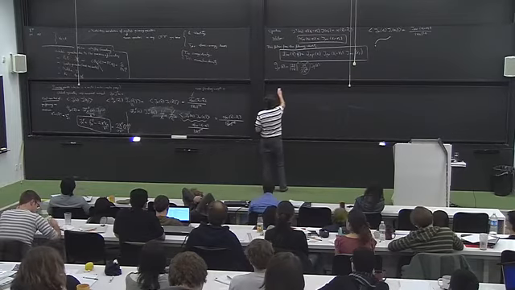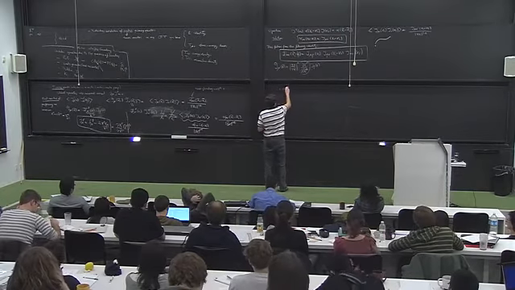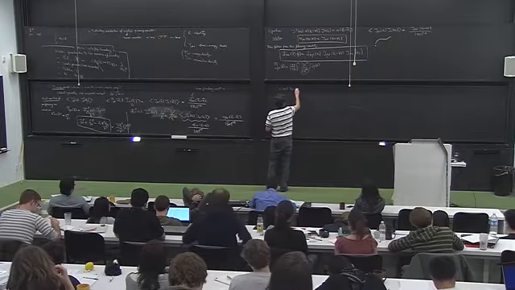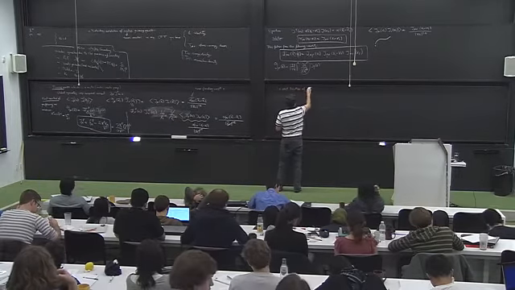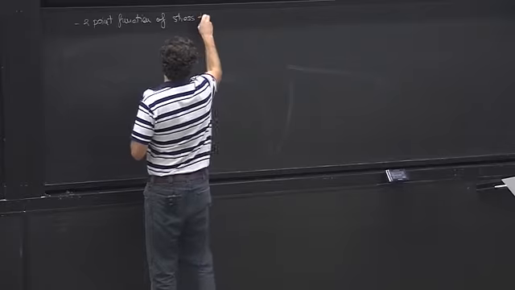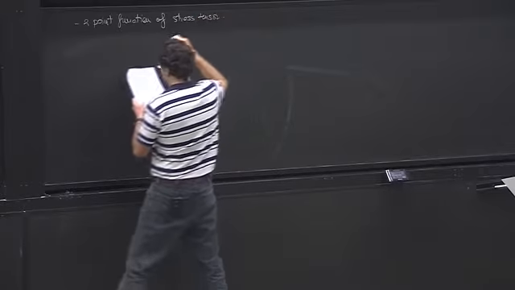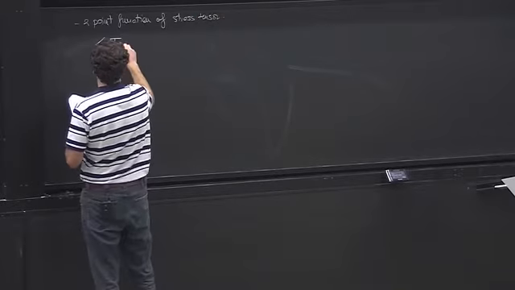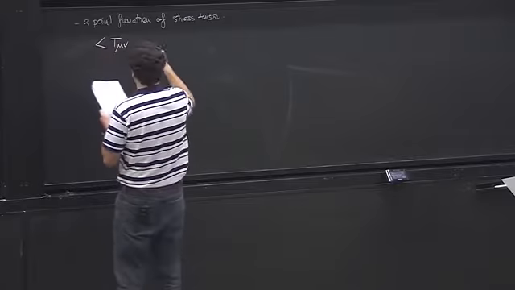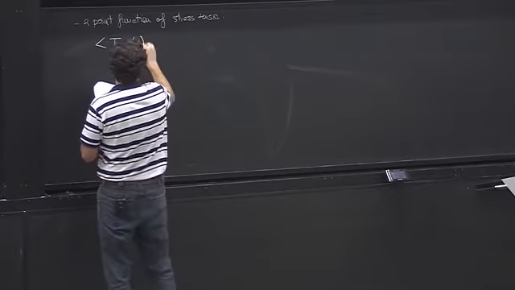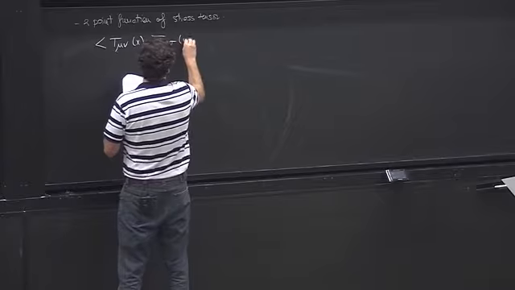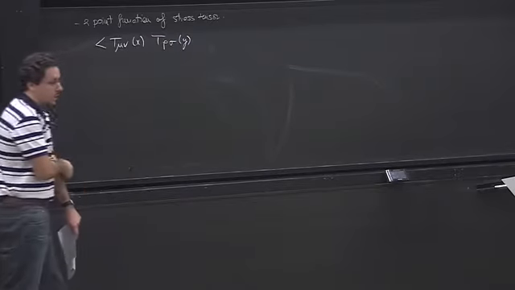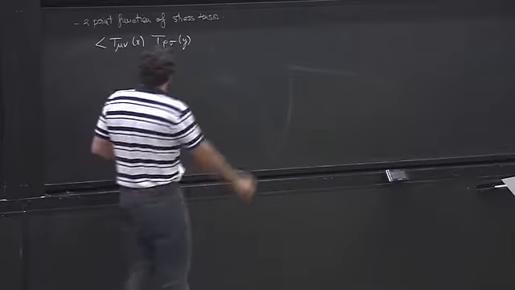So now I want to look at the two-point function of the stress tensor. So now the number of indices is growing exponentially, fortunately. But soon we'll go to 2 dimensions where there are no indices. That's good. You'll see why.